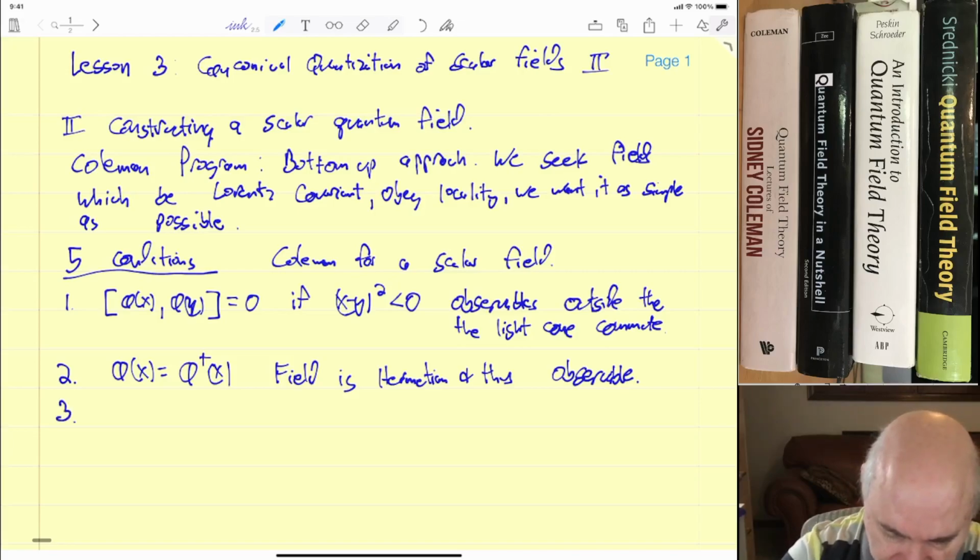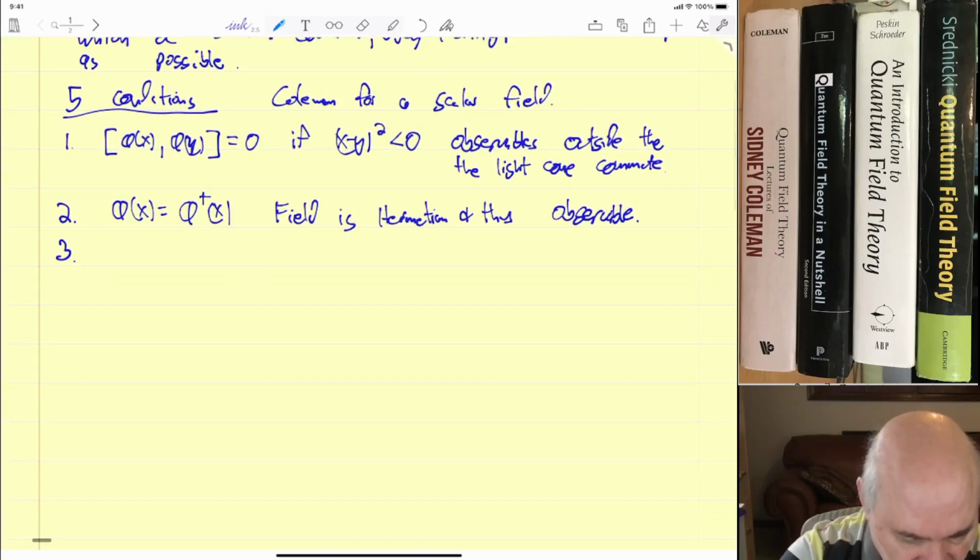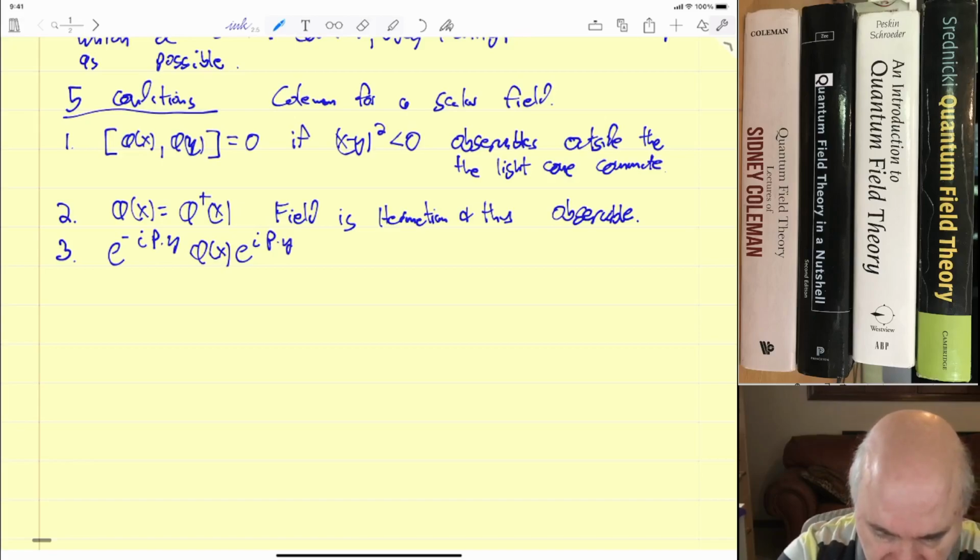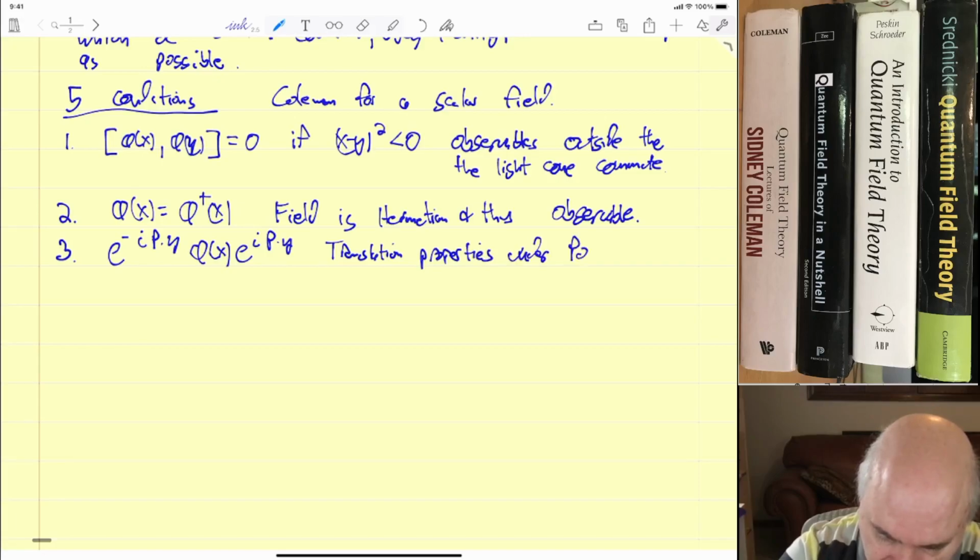Third condition. So this is just a usual condition for translation properties under the Poincare group. And we've discussed those before.